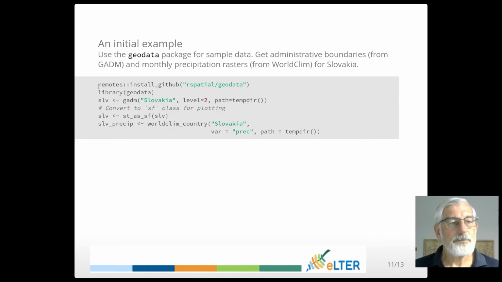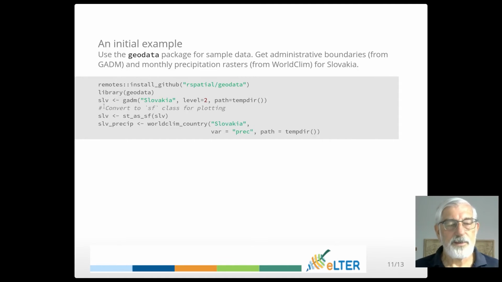In this example, first we install the rspatial geodata package and load it with the library function. Then we're going to download the borders of Slovakia. Level 2 indicates that we want the province boundaries, not just the boundary of the country.